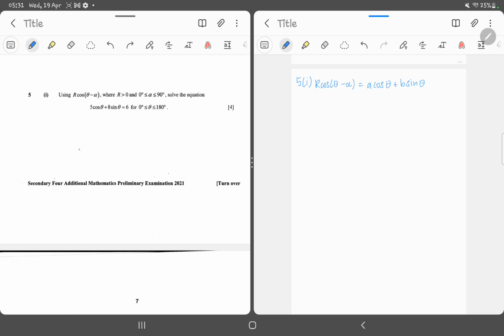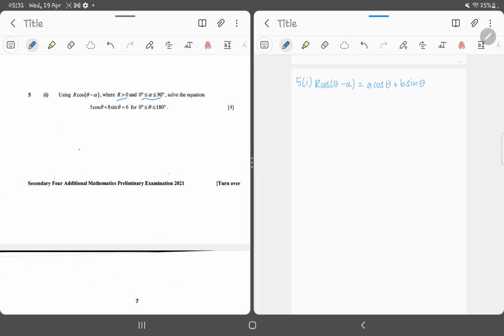We know that r is more than 0, and alpha is more than or equals to 0 degrees and less than or equals to 90 degrees. We are required to solve the equation 5 cosine theta plus 8 sine theta equals 6 for theta more than or equals to 0 degrees and less than or equals to 180 degrees.